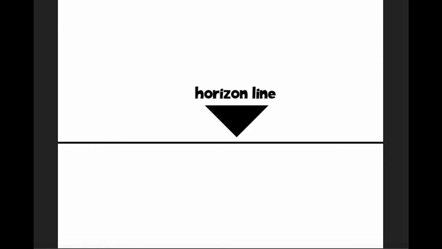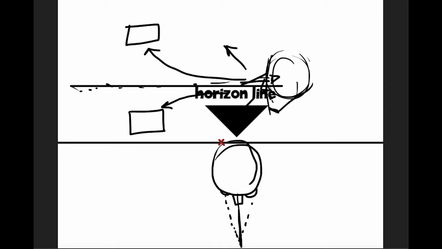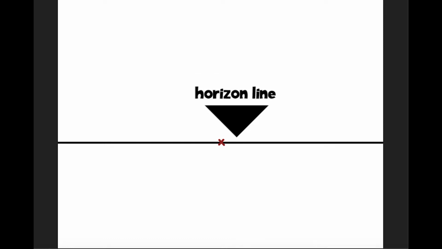So why do we need to know this? Well, in the Renaissance, they created this method to create the illusion of space called perspective. And they represent the human eye level with this line that you see here called the horizon line. And it's kind of like where the sky meets the earth, okay? And on this horizon line is a point that our eyes converge on.